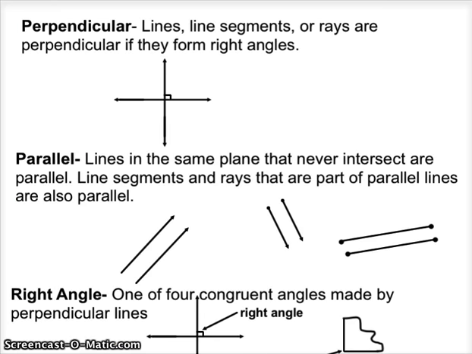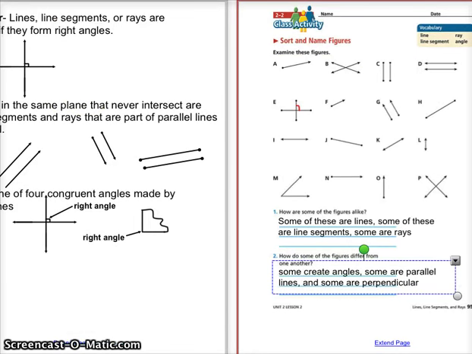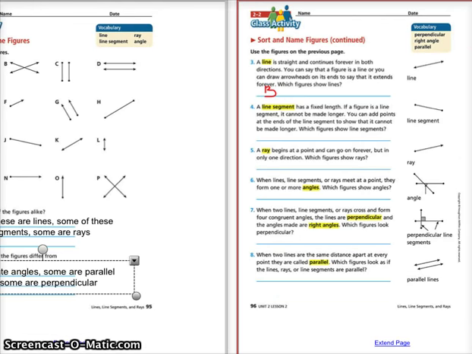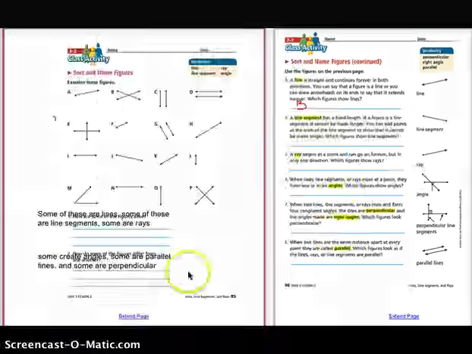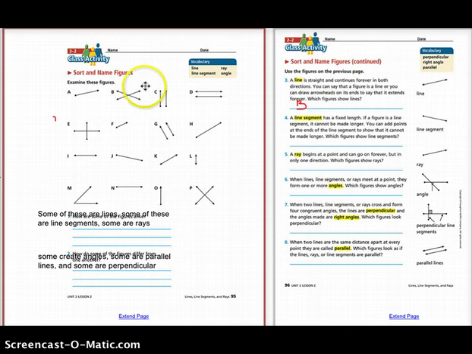Which other figures show lines on page 95? So B, we know it has two endpoints.